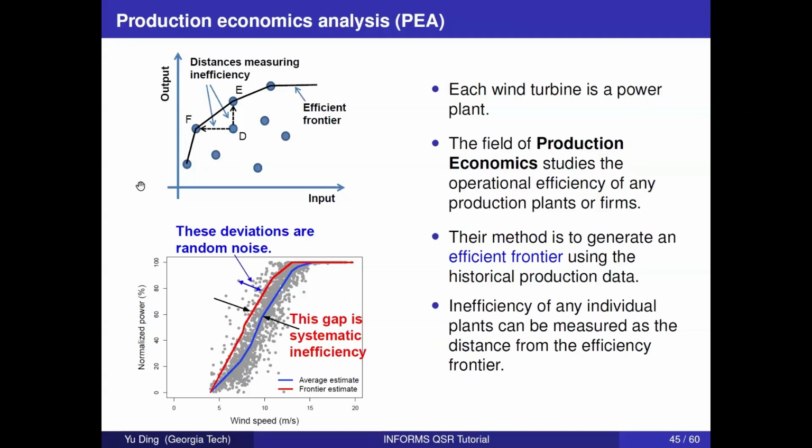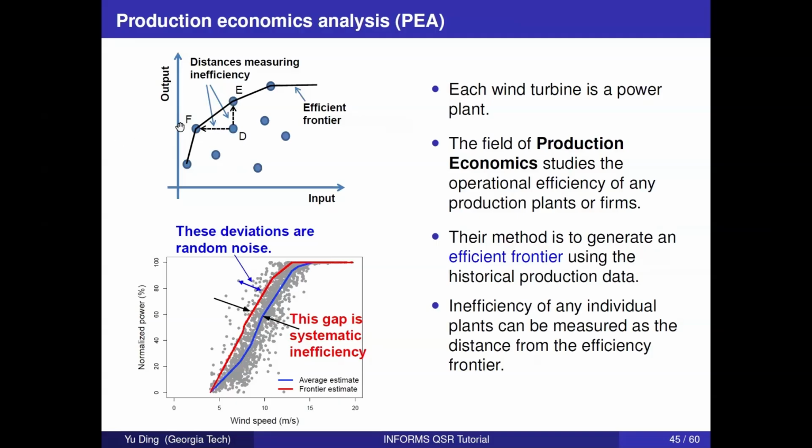So suppose you have different kinds of firms or companies, right? They use different amounts of input, and they have different amounts of output. If you put this on a 2-dimensional curve, you will find company D is not very efficient, because if you compare with the same input, company E uses the same input but produces more, right?